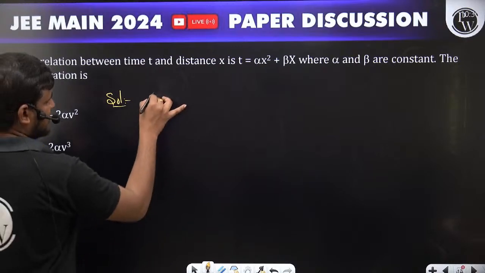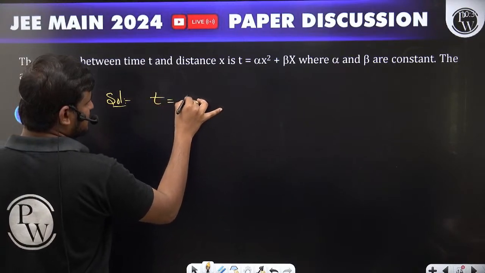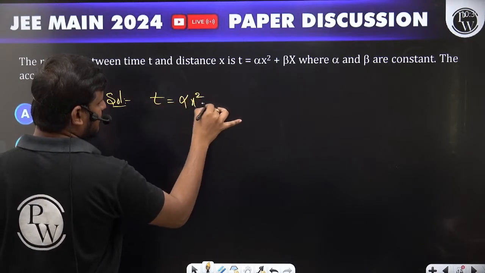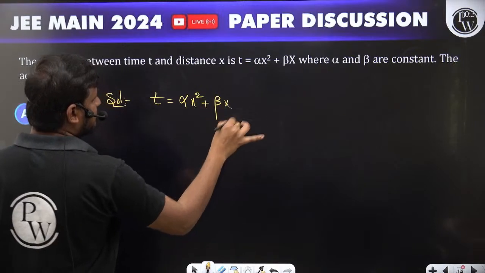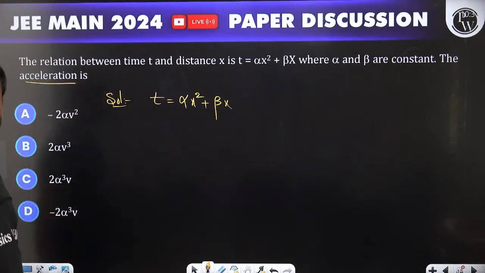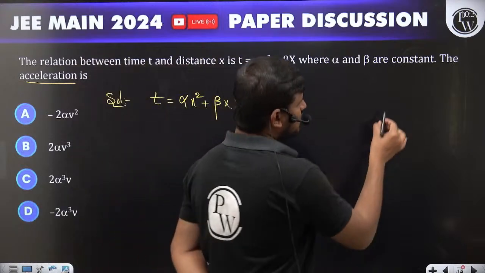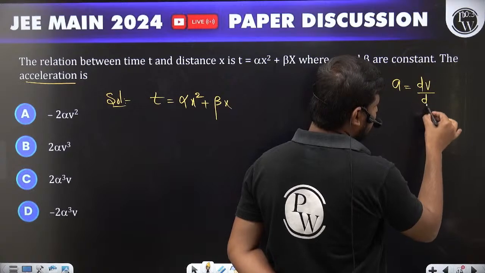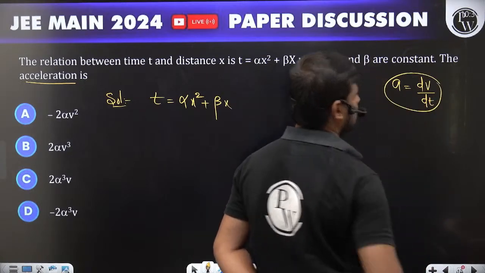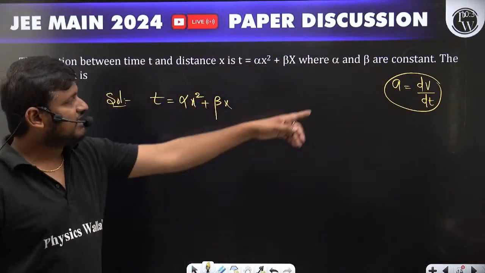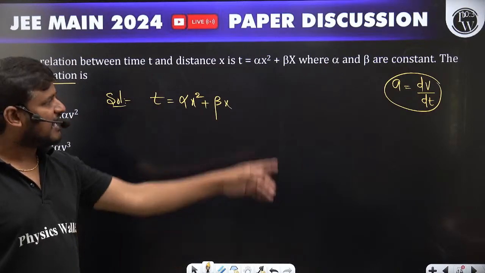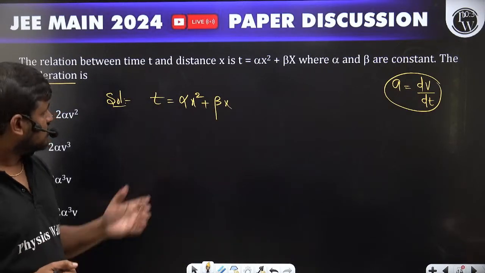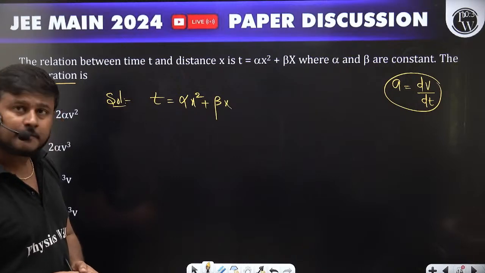So here I can say t is equal to alpha x square plus beta x. I need acceleration. So first thing is, to get the acceleration I need velocity, dv by dt. Yes or no? To get the acceleration I need velocity. So how do we get velocity from here?